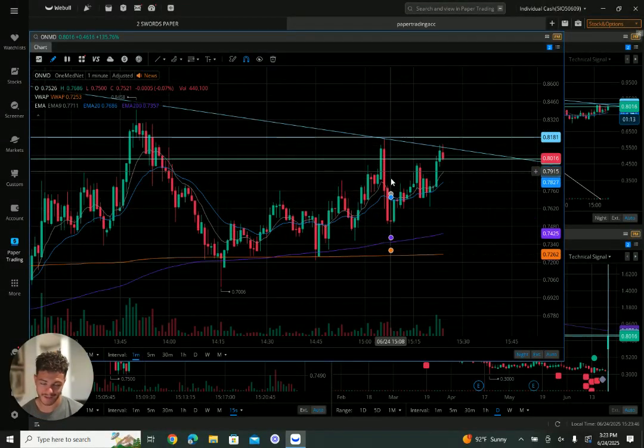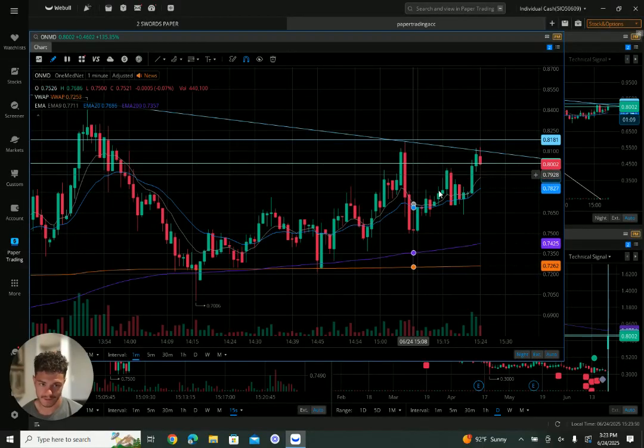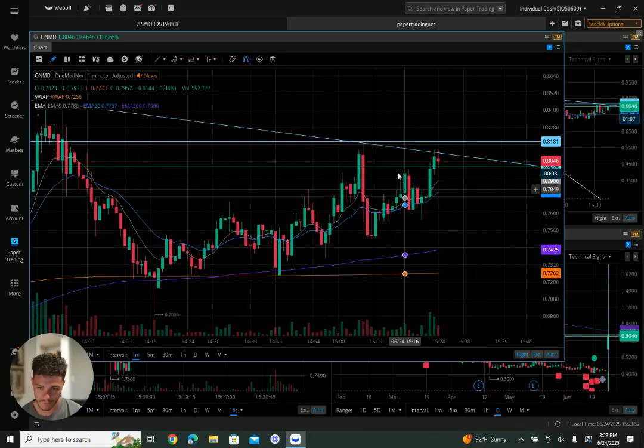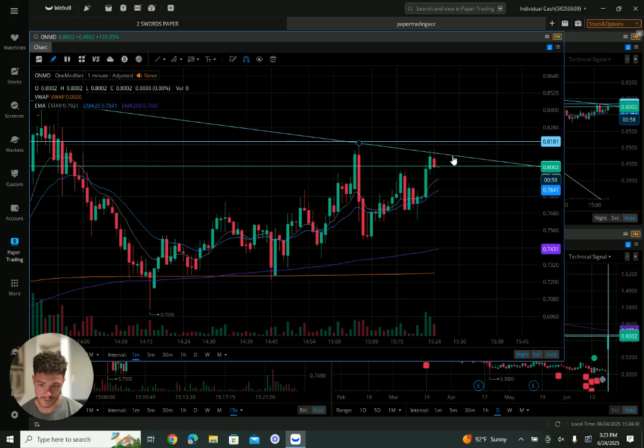And look, this is as legit as it gets. If you didn't draw that resistance line, maybe you would have bought right there, not knowing that you're buying into a wall of respected resistance, right? Now, maybe we squeeze through. I don't really like what's happening right now, personally, to be honest.